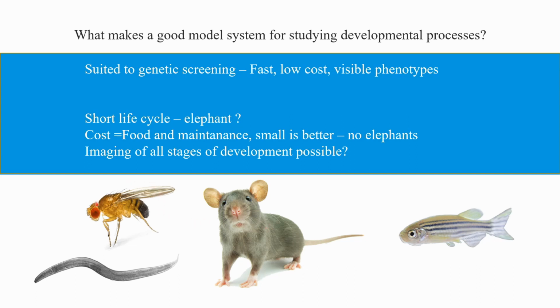Whereas the fly, the worm, and the fish, they will lay their eggs, and we can collect their eggs after they've been laid and start looking at the earliest stages of development.